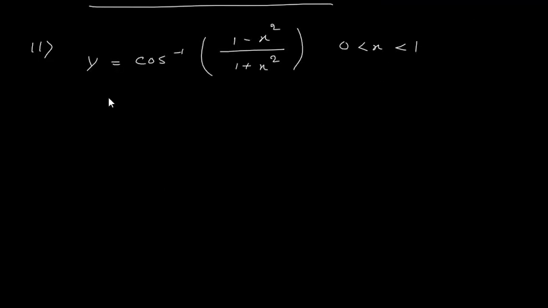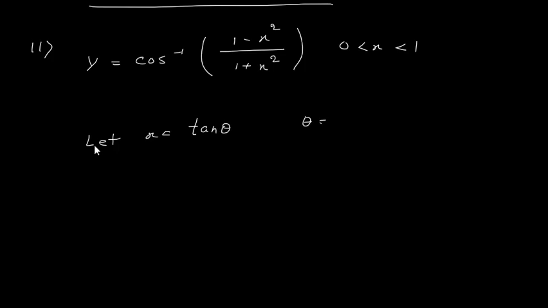y is equal to cos inverse of (1 minus x square) upon (1 plus x square), where x is between 0 and 1. Now this is cos inverse, so we want (1 minus x square) upon (1 plus x square) to come in the form of cos. So I will say, let x equal tan theta.